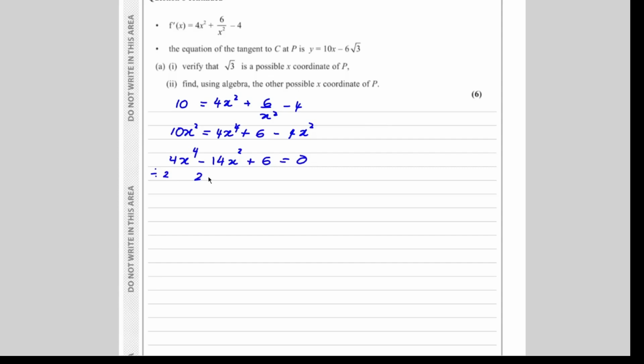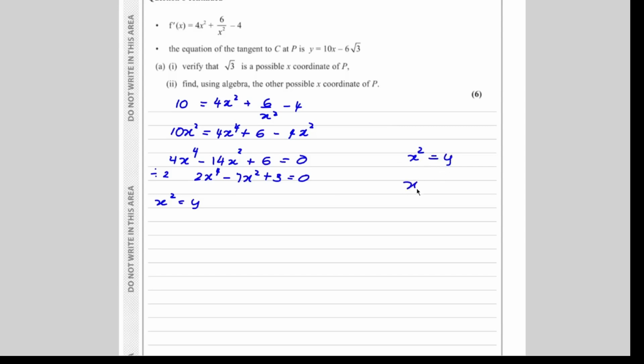Then 2x to the power of 4 minus 7x squared plus 3 equals 0. Now this is a quadratic embedded equation. So I'm equating x squared to y. Then I can rewrite this equation in terms of y: this one becomes 7y, where x squared equals y.